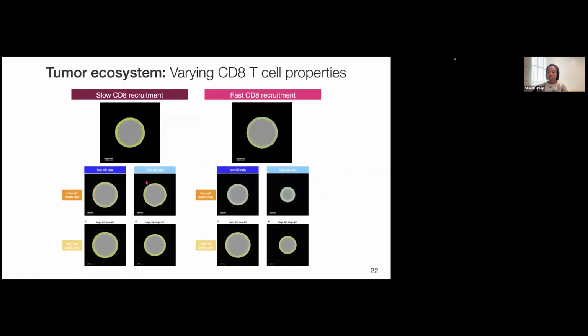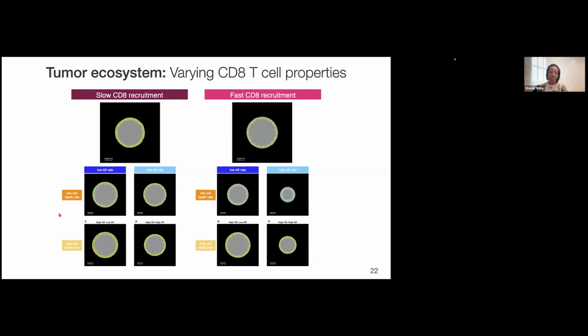We can also vary the probability of the T cells killing cancer cells, whether having a low kill rate or a high kill rate. Then we can also compare the effects of the probability of the T cell dying, so a low death rate versus a high death rate.